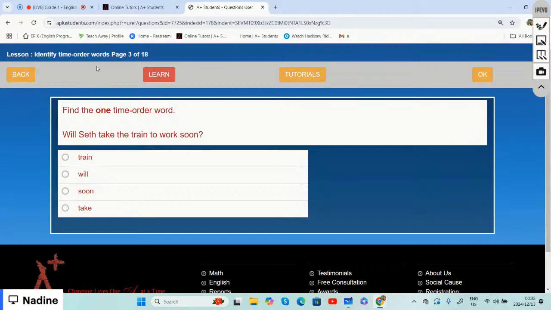We need to find a time order word that will tell us when Seth will take the train to work. Is it train, will, soon, or take? We need to choose the correct option.